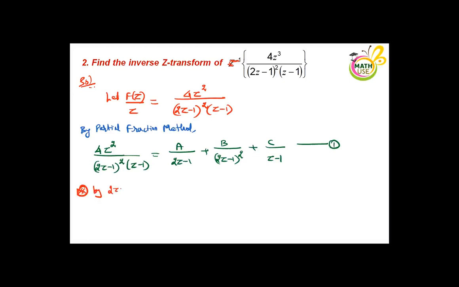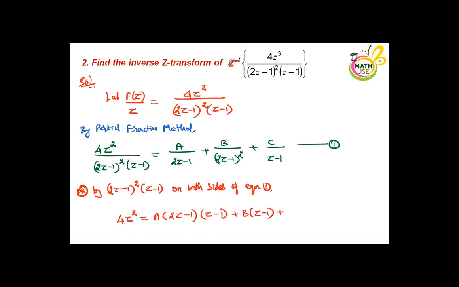So we need to multiply it by (2z − 1)² into (z − 1) on both sides of equation number 1. Therefore we get 4z² equal to A into (2z − 1) into (z − 1) plus B into (z − 1) plus C into (2z − 1)².